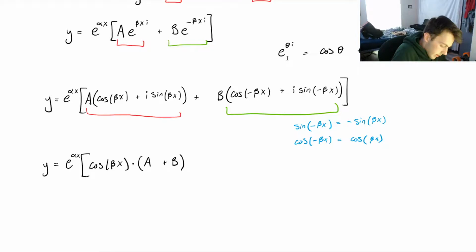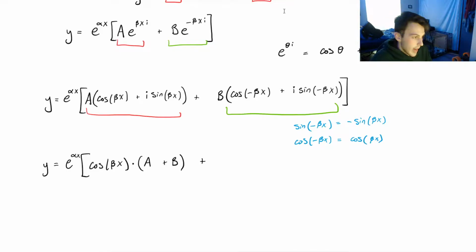Great. And we are going to add this to, okay, well, if we have sine of negative beta x in our green term, then in order to factor out sine of beta x, we need to take out that negative, like that, by using that trig identity.